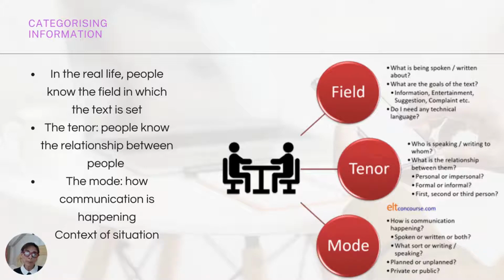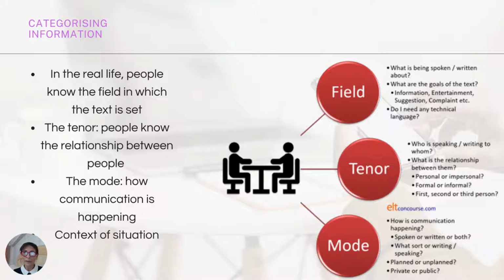The last part is the mode. In this part, it is necessary to identify the way. It answers how communication is happening, what sort, planned or unplanned, and private or public.